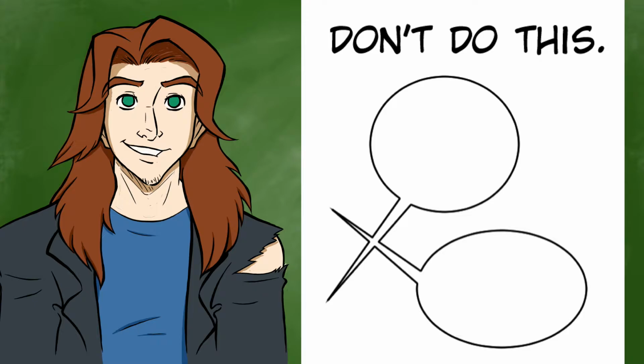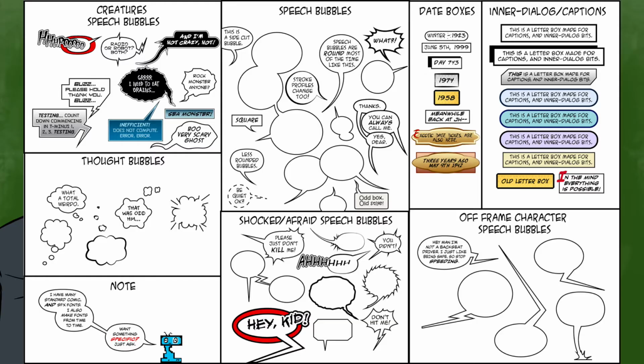And never cross the tails either. If you have multiple people talking, always make sure each speech bubble neatly points to that character without impeding any of the other speech bubbles. And that's really all the advice I can give you, other than trying them out.